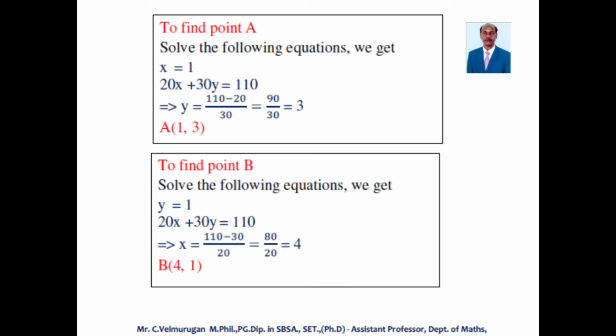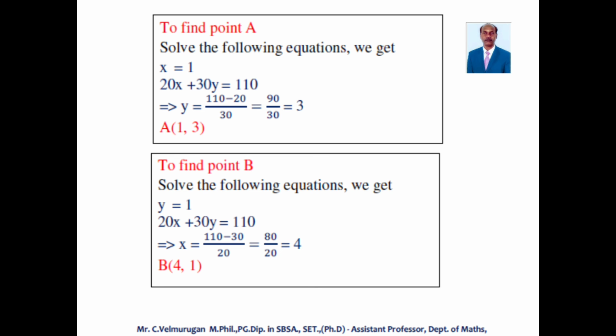What is 110 minus 20? That is 90 divided by 30 equal to 3. After simplifying, we get the y value equal to 3. So the point A is 1, 3.